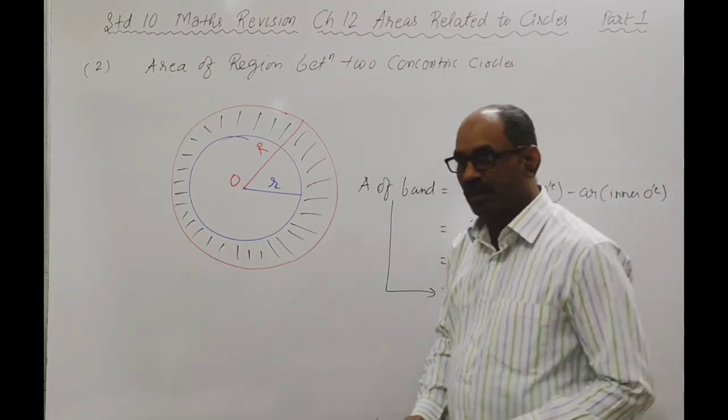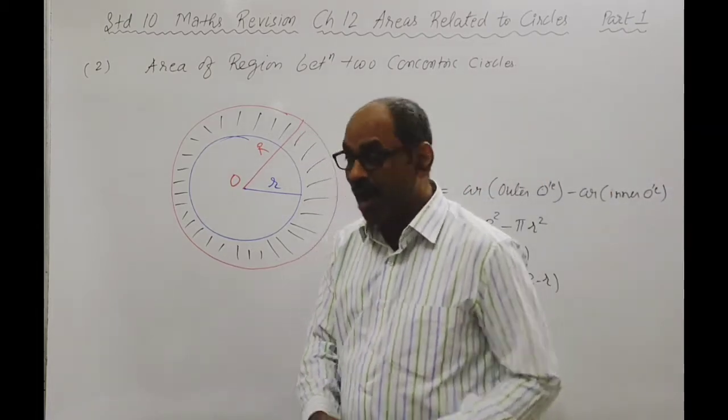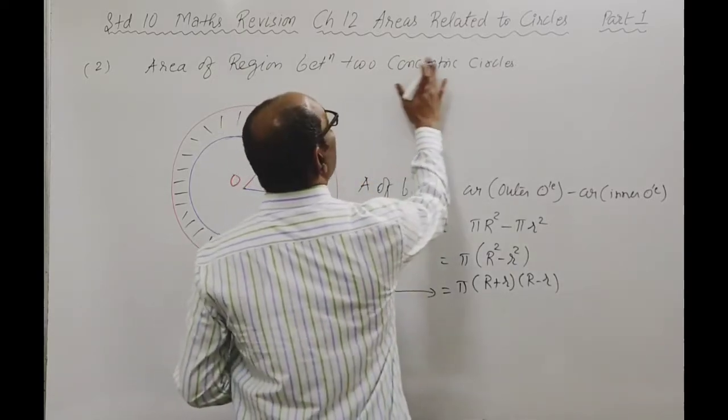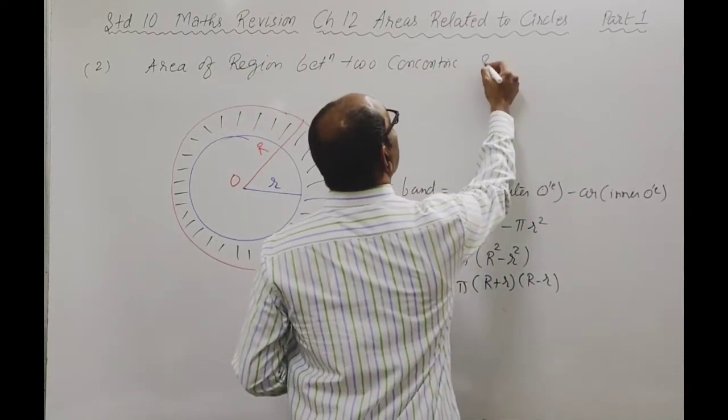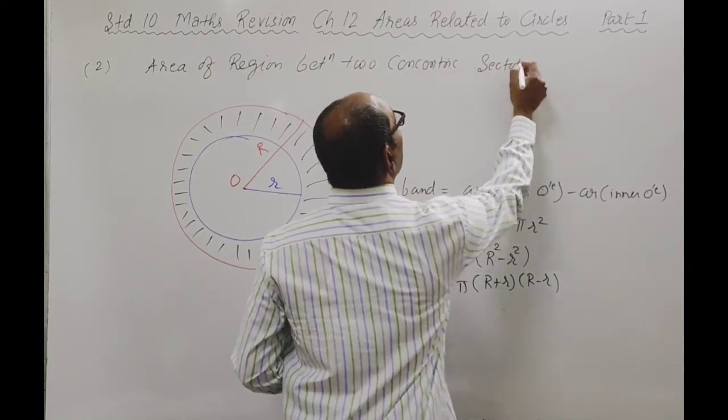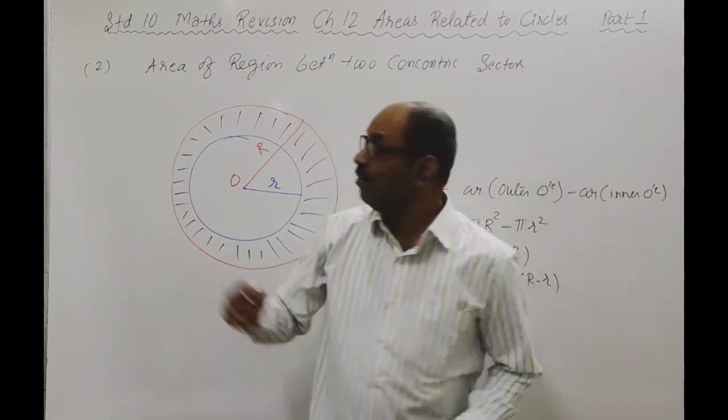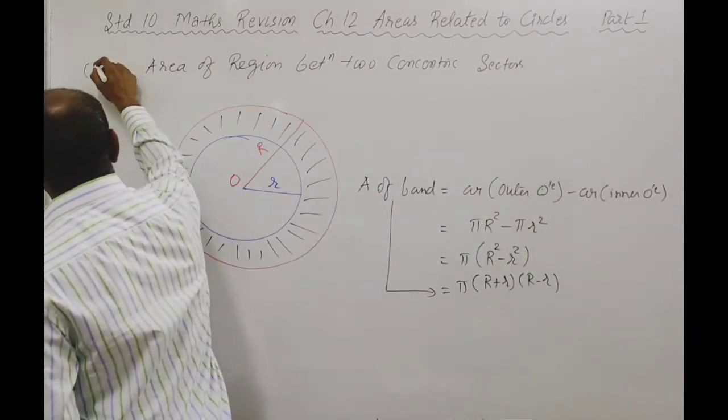We'll proceed further. Now the area of the region between two concentric sectors. Between two concentric sectors, I take that as number 3.